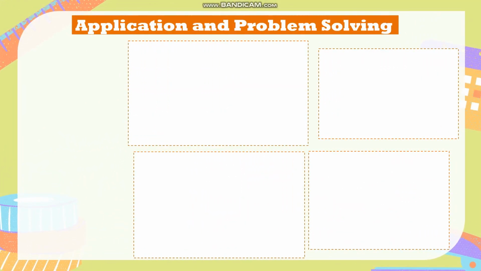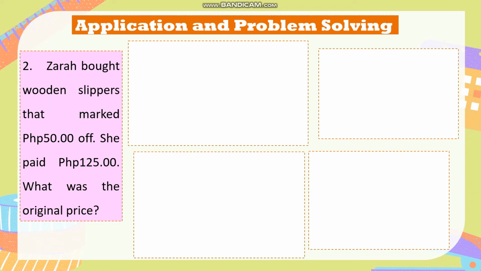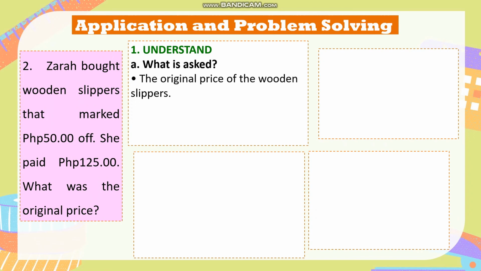Application and problem solving. Number 2. Zara bought wooden slippers that marked 50 pesos off. She paid 125 pesos. What was the original price? Number 1. Understand. Letter A. What is asked? The original price of the wooden slippers.